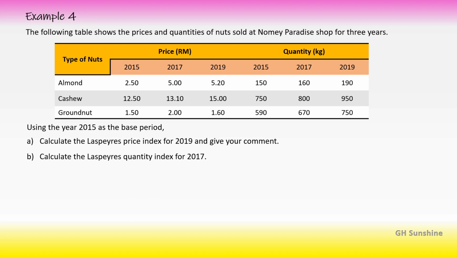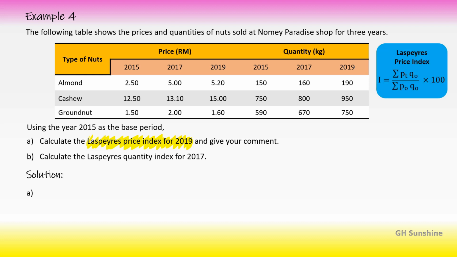Okay, now we proceed to example 4. The table shows the prices and quantities of nuts sold at Norway Paradise Shop for the years 2015, 2017, and 2019. Using the year 2015 as the base period. First question, calculate the Laspeyres price index for the year 2019 and give your comment. So this one is a direct question. Laspeyres price index for the year 2019.